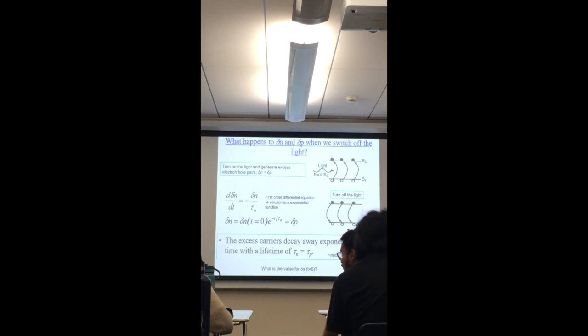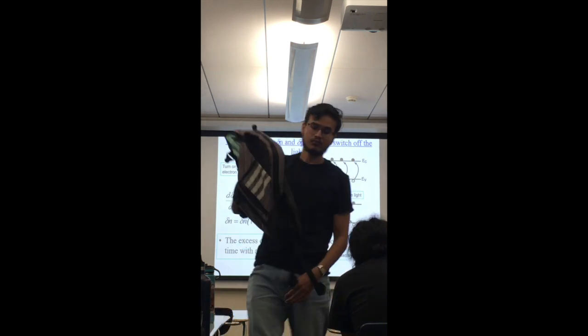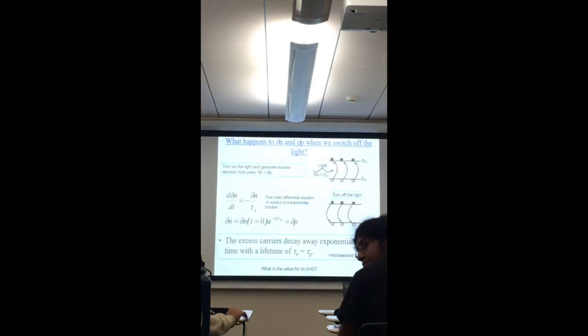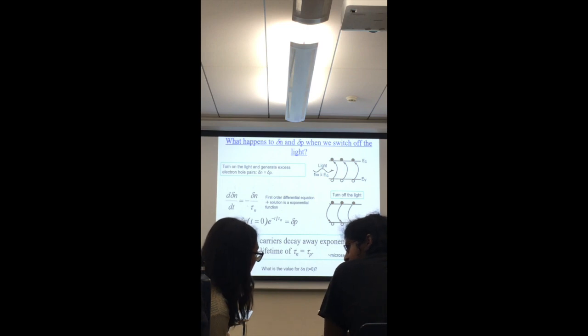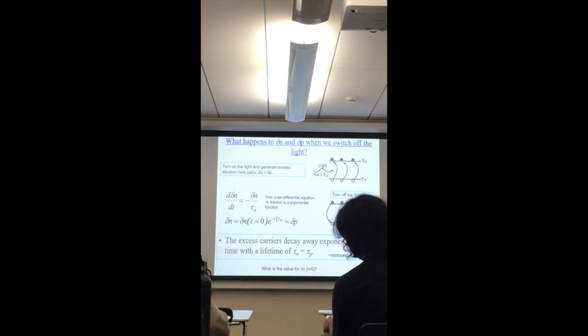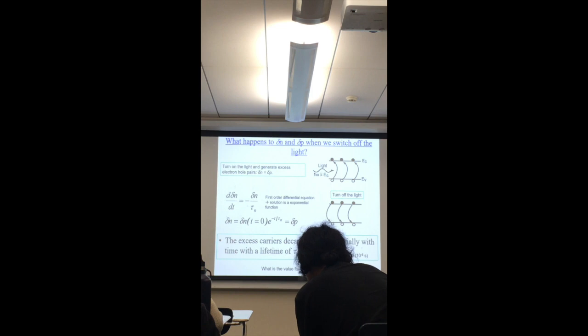Now we can also plot the excess carriers as a function of time. If this is time and this is delta n, then at time equal to 0 there will be some initial value, delta n at time equal to 0.